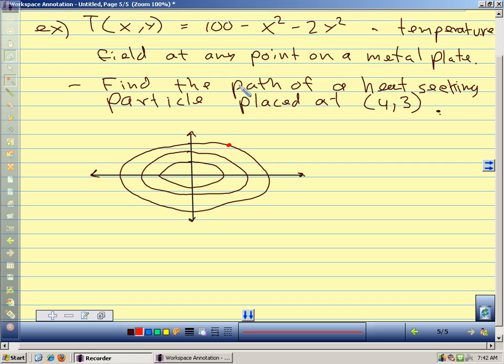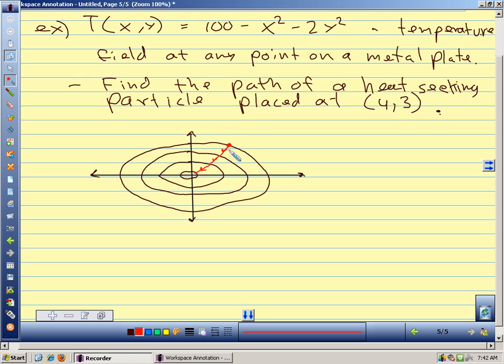It's going to move in the direction of the maximum temperature difference. So it's going to go here, then it's going to go here, and here. And we want to find an equation for that path.